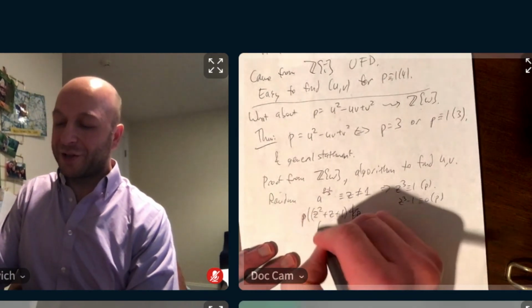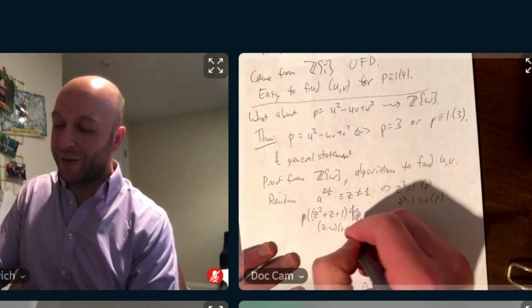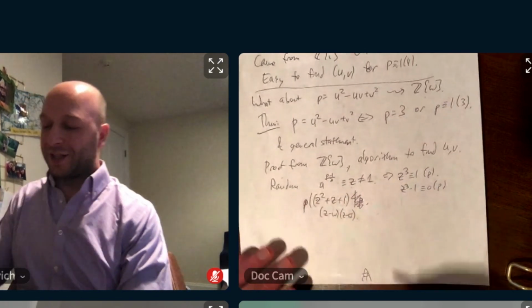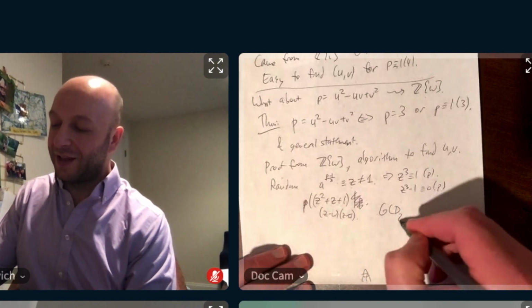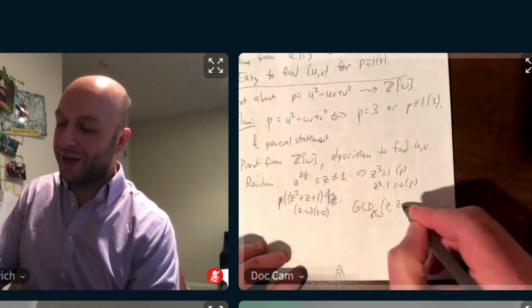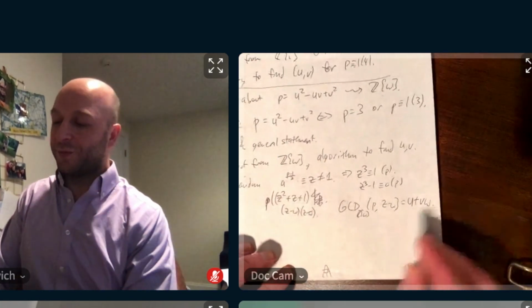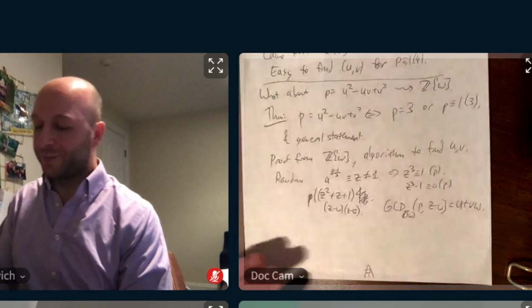This factors in the Eisenstein integers as z minus omega times z minus omega bar. And so you take the GCD in the Eisenstein integers of your prime p and z minus omega, and that will find you u plus v omega, a representation.